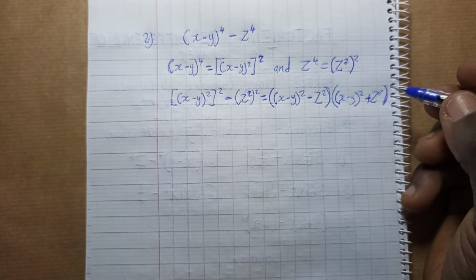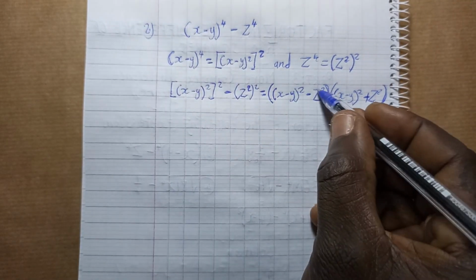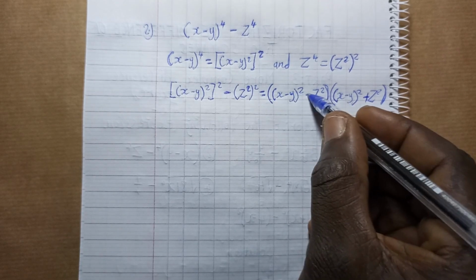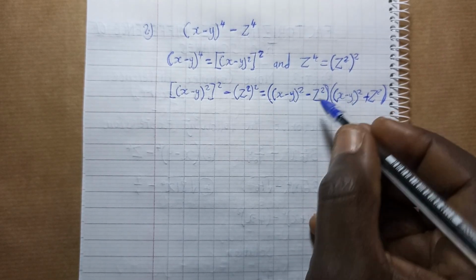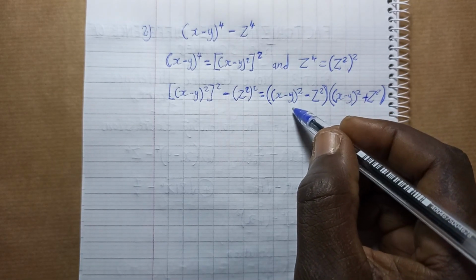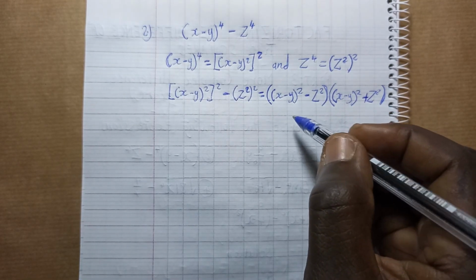Now if you observe very well, this particular one still has a difference of two squares. So we are still going to break it down applying that same formula again.